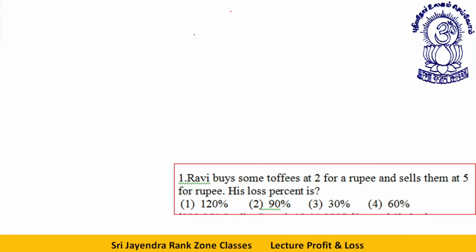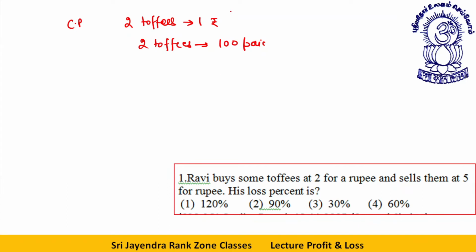See, Ravi buys some toffees at 2 for a rupee. CP: two toffees, 1 rupee, that is two toffees for 100 paisa.